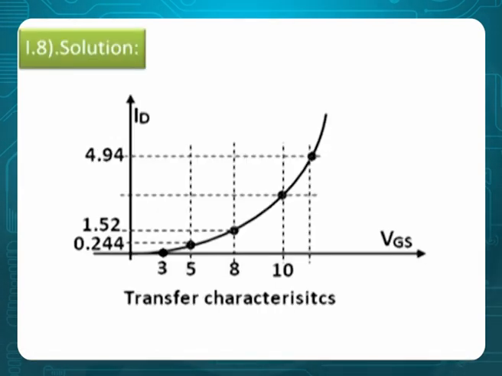If you plot it, 3 volts is the threshold. At 5 we have calculated, at 8 we have calculated, at 10 we have calculated all these values. So this is called the transfer characteristics we have estimated.